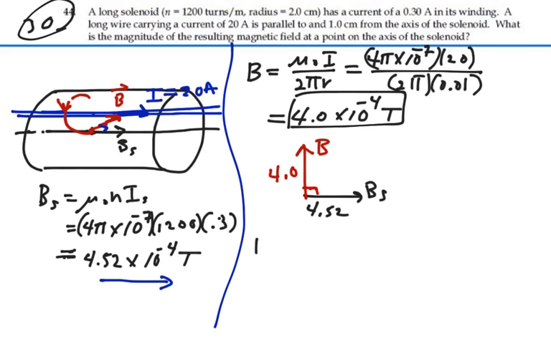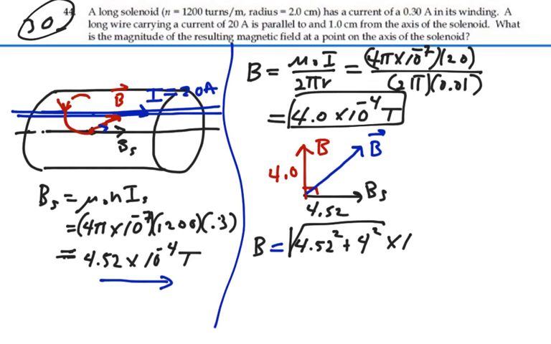So our net magnetic field, which will be this one, we'll have to use the Pythagorean theorem to figure out what that is. So the magnitude of that field is going to be equal to the square root of 4.52 squared plus 4 squared, times 10 to the minus 4.